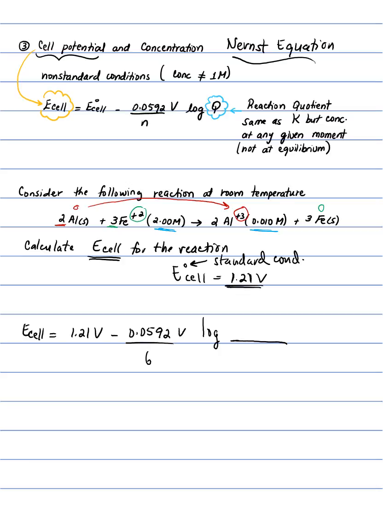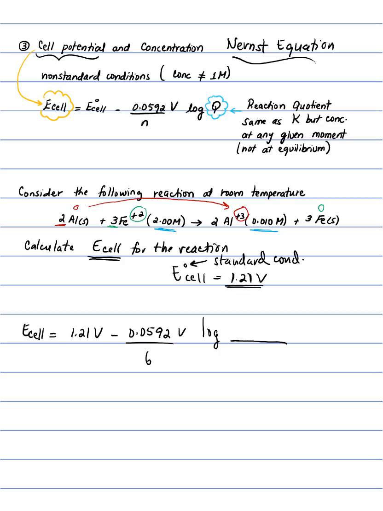Now the concentrations that you use in your equilibrium constant are concentrations for gases and aqueous substances. You don't include concentrations for any solids or liquids, which means that for iron solid, you don't need that in your value of Q, because Q is the same as K.